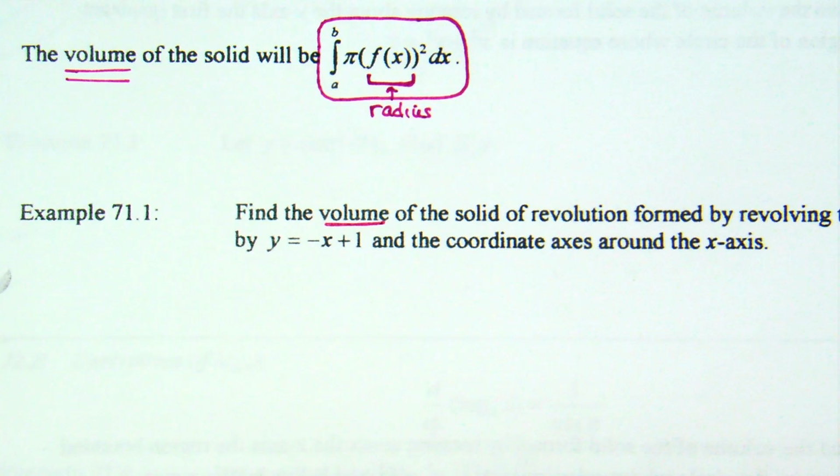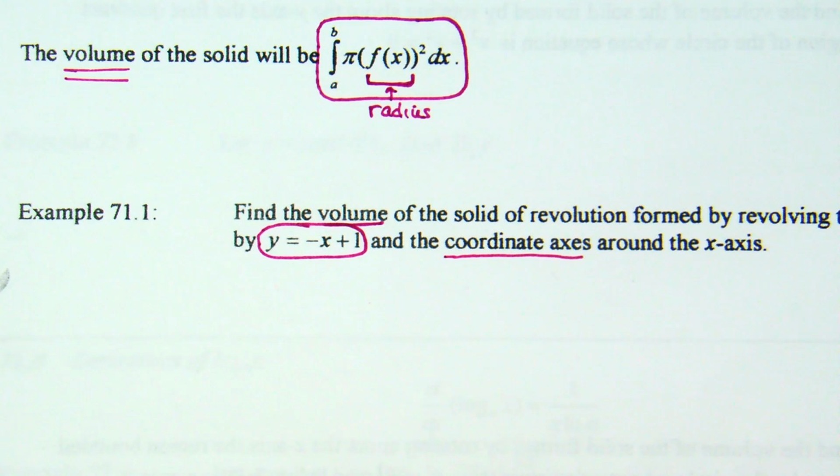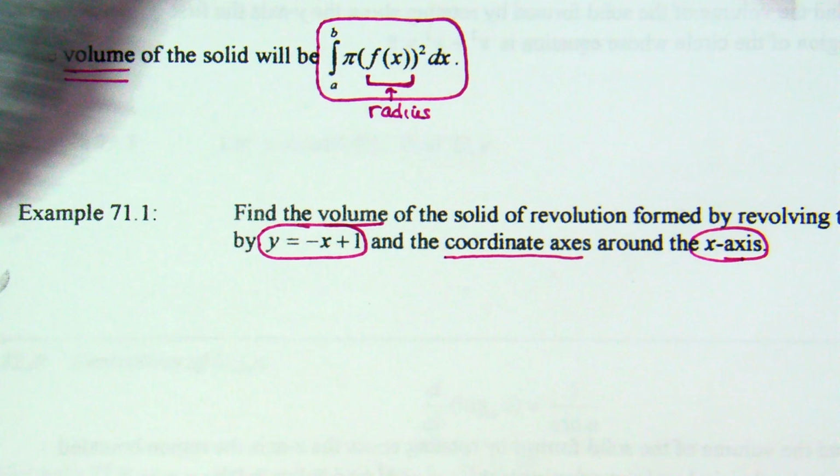So find the volume of the solid formed by revolving the region bounded by y equals negative x plus 1 and the coordinate axes, so x and y axis. And what are we revolving around? X-axis. Okay, a picture. What's y equals negative x plus 1 look like?